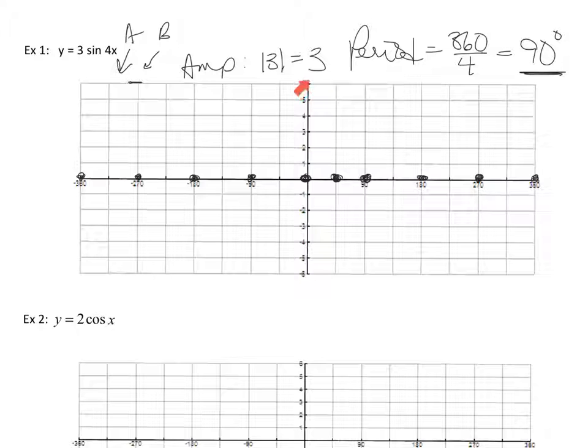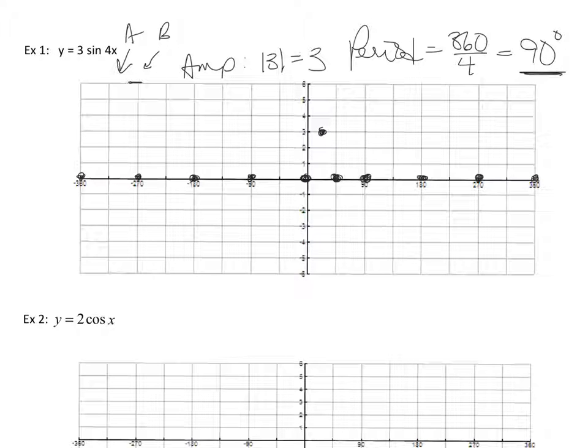Now our amplitude is 3, so that means it's going to hit a high point at 3. So in between 0 and 45 degrees, I'm going to make a point up here at 3. And then I can ask myself, what is it going to do between 45 and 90? Well, it's going to be coming down off this high point, crossing the x-axis, and now it's going to hit a low point in between these two, 45 and 90.